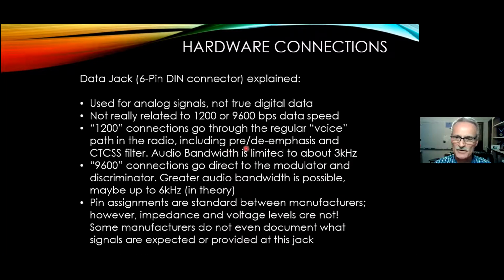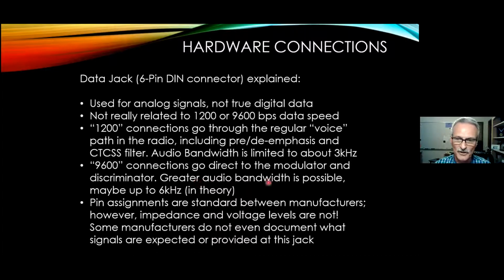But this processing kind of messes up our digital data. So really it's better if we can utilize the 9600 connections, which go directly to the transmit modulator and come directly from the receive discriminator, okay? And usually, I won't say always on every radio, but usually that bypasses all filtering in the radio.